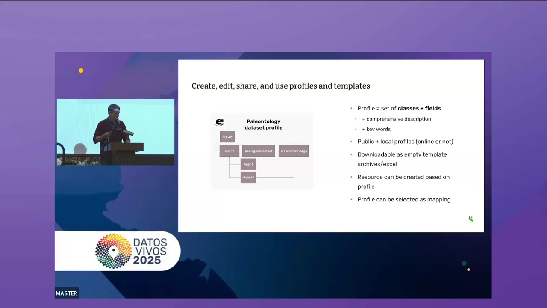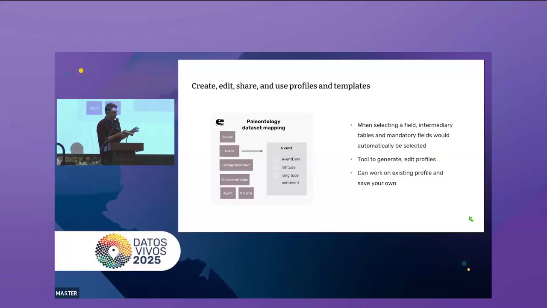You can create resources from these templates, you can edit those templates, and basically that's the idea. Here's an example for a paleontological data set, which is made up. It's not a real data set profile, just the idea. There can be many profiles.